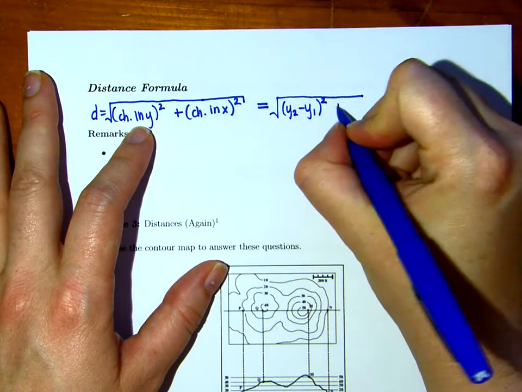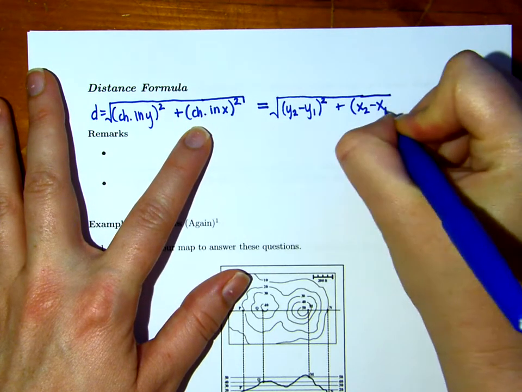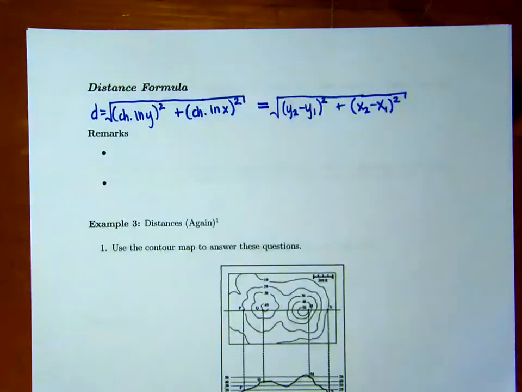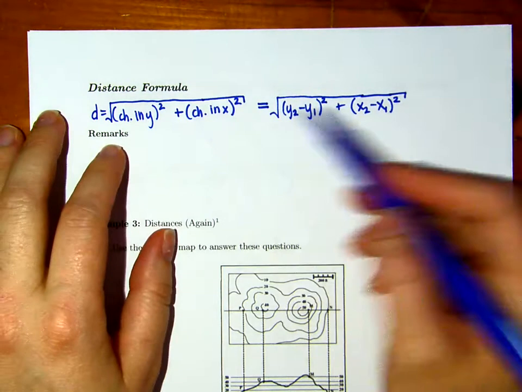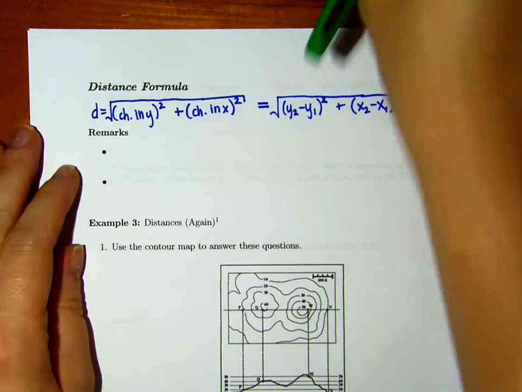Square it. And the change in the x's, that's its difference as well. Okay, so here is our distance formula, and I need you to know at the end of the day, this all comes from the Pythagorean theorem and the steps we took to use the Pythagorean theorem.